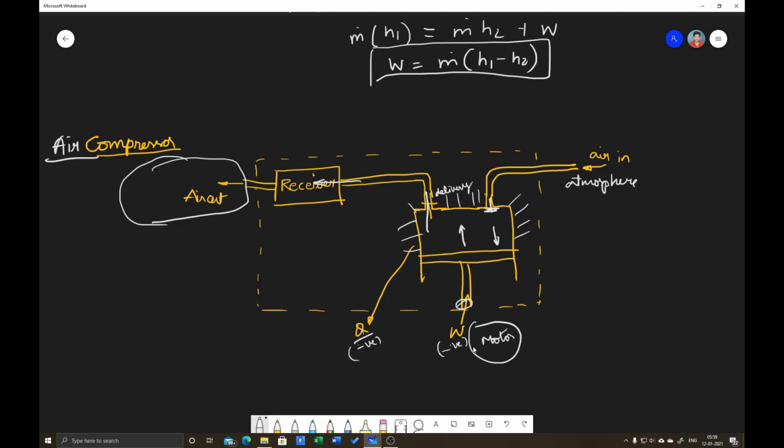And also there is no chance of potential head and kinetic head, only enthalpy will be there. So m dot into H1. So here Q is negative.